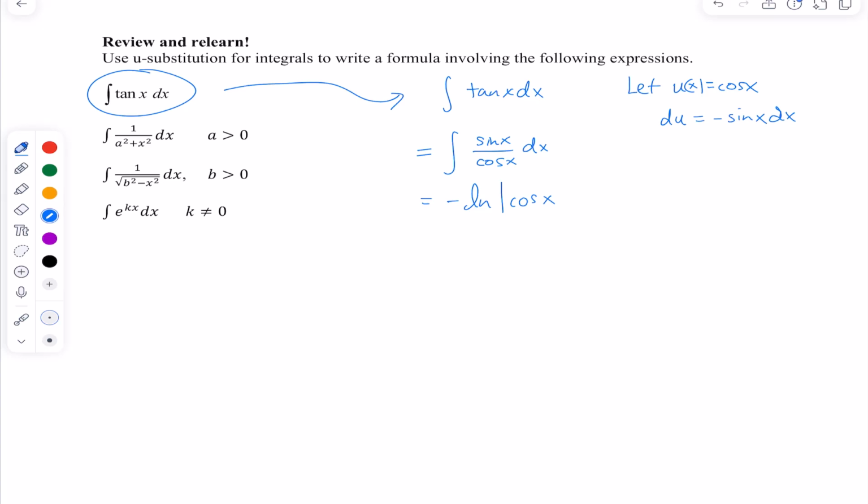And because -1 is an integer, we could apply logarithmic rules and absolute value rules to see how this integral may take on different forms.